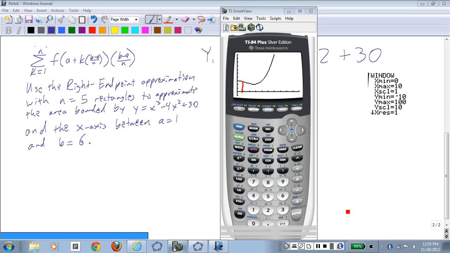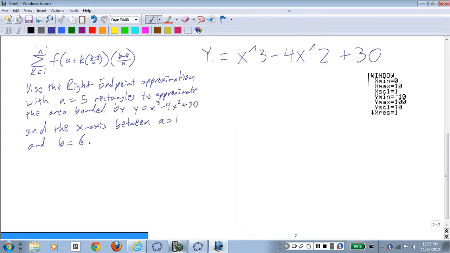Does that fit on the screen? It's close. From 1 to 6, basically we want to approximate that area right there using rectangles. That's what we want. So it's close. You might want to go slightly higher with the Y max, maybe 150 instead. Here's what we want to type.